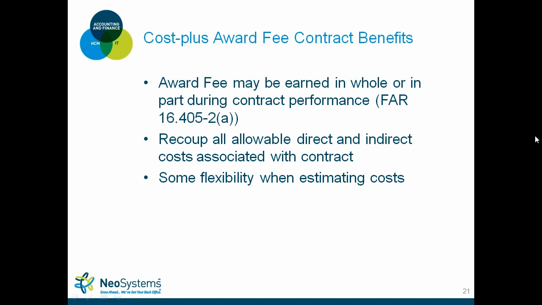So the benefits, award fee may be earned in whole or part during contract performance. Usually they range anywhere between quarterly, semi-annually, and annually for the award fees. Again, you can recoup pretty much all your allowable direct and indirect, and you have flexibility.